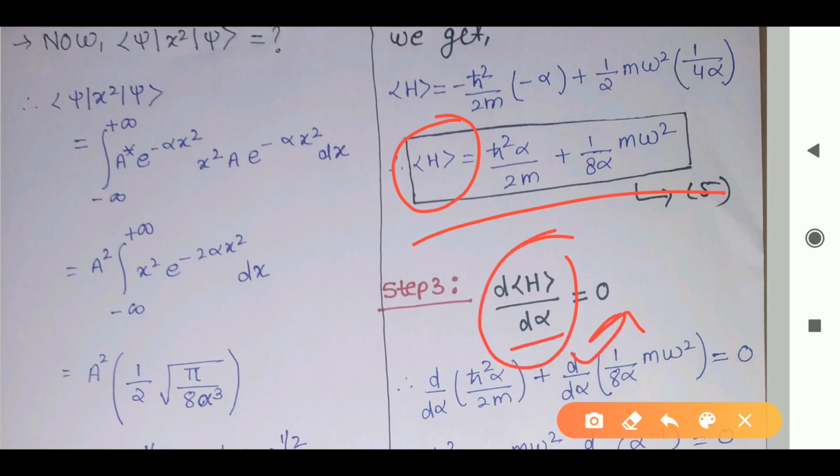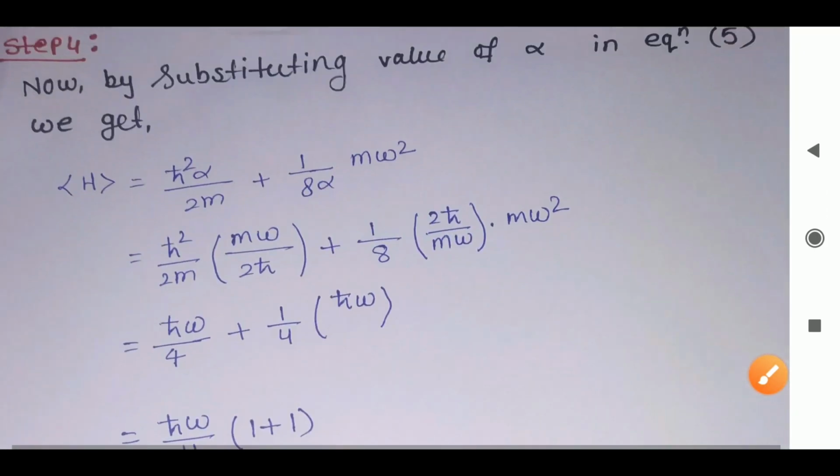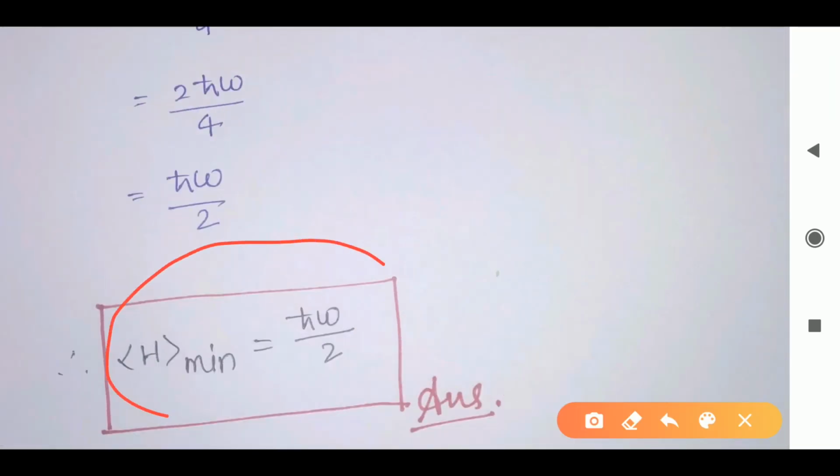From here we will get the value of alpha, and once we have the value of alpha, we will substitute it in this equation to get the minimized value. After substitution we get the minimum energy value, that is h cross omega by 2.